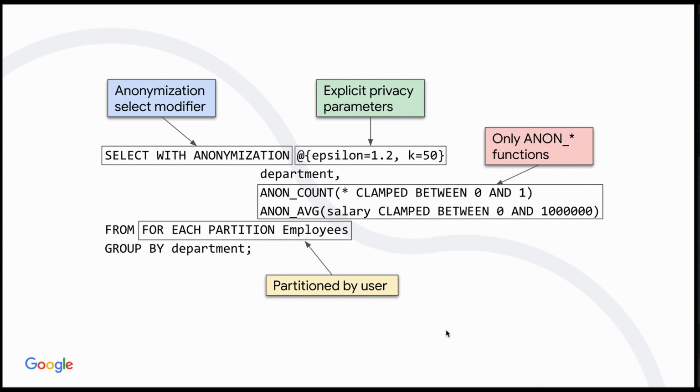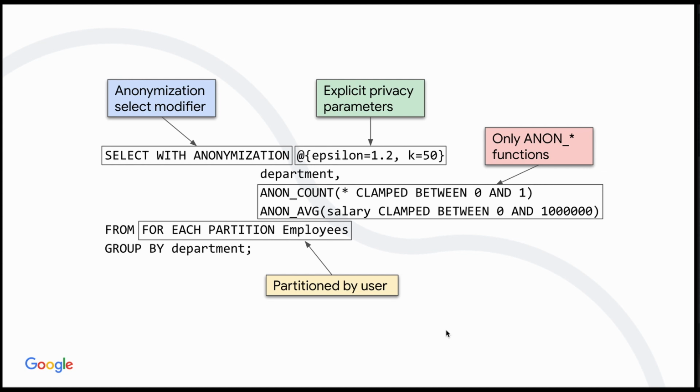This is an example of a differentially private query. User-centric design was a big component of it. First of all, we want to make sure that a user understands that they are performing a private operation by adding the anonymization keyword. Next, we give users the opportunity to tune some relevant privacy parameters, such as epsilon.